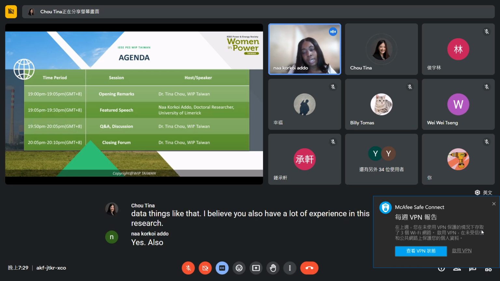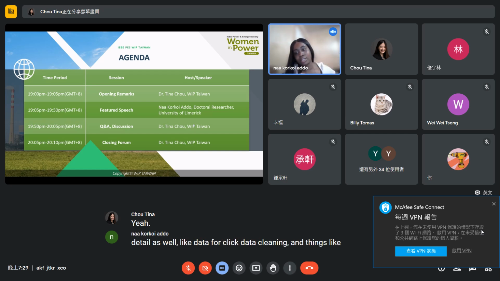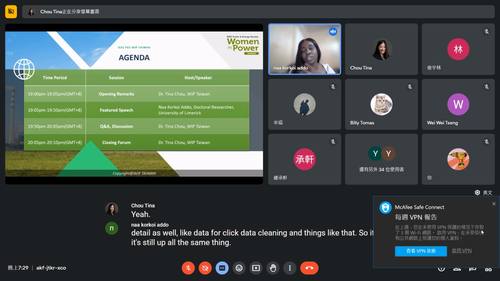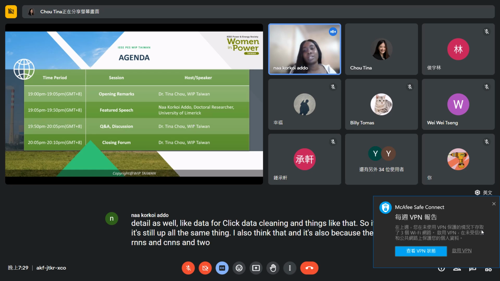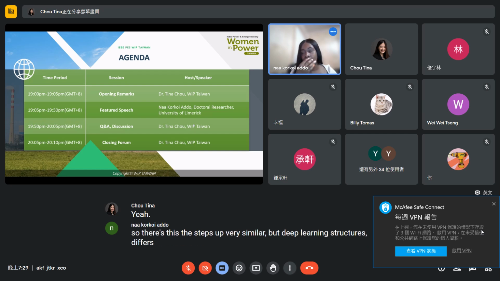I also pre-process my data as well, like data cleaning and things like that. So it's still about the same thing. I also think that it's because RNNs and CNNs and those technologies all fall under deep learning. So the steps are very similar, but deep learning models differ in terms of their structure.